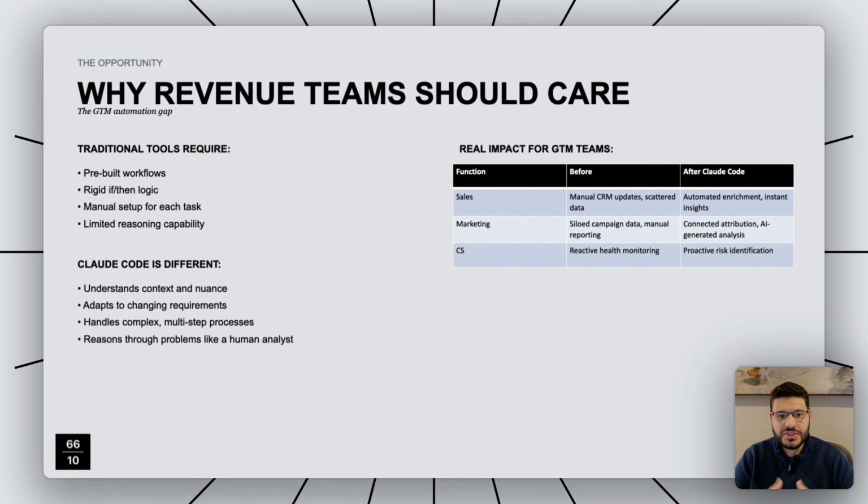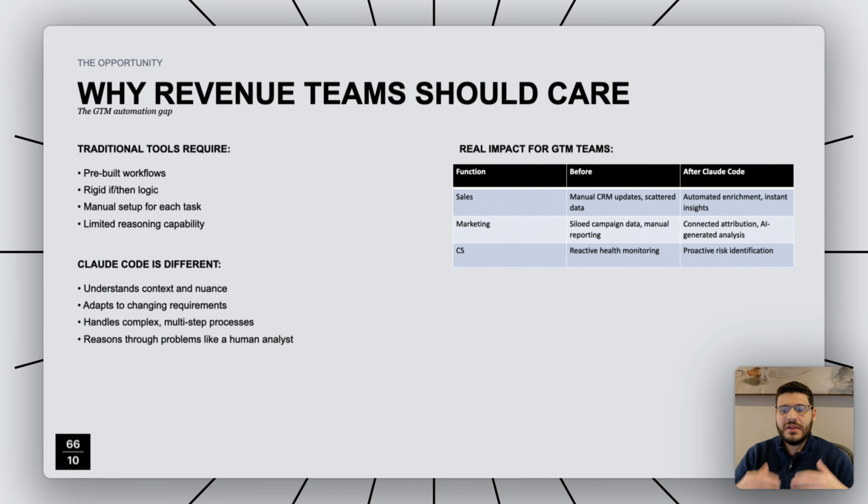If-then statement logic for the most part requires a lot of manual setup and has limited reasoning capability, right? So what makes Claude Code different is it really does understand context and nuance. It's able to handle changes in requirements, like I said, but really it handles complex multi-step processes, right?